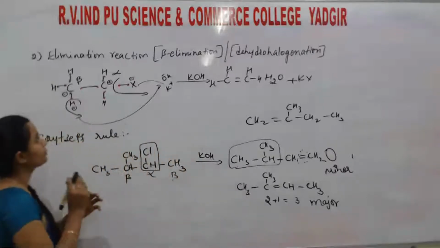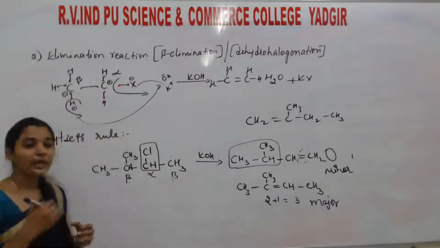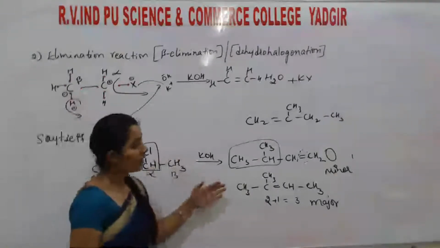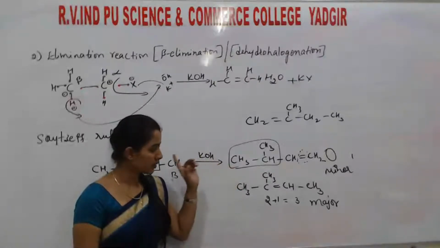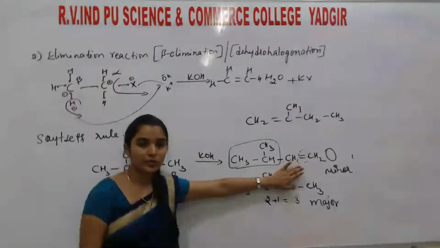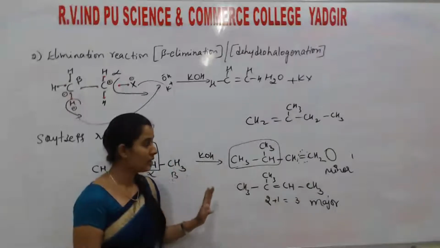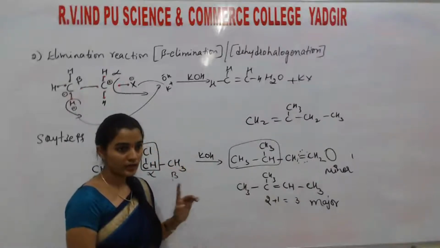Understand? So here the thing is, what is the Saytzeff rule? When a beta elimination takes place in presence of alcohol, then the more substituted alkene on either side of the double bond is the major product. That is the statement of the Saytzeff rule.